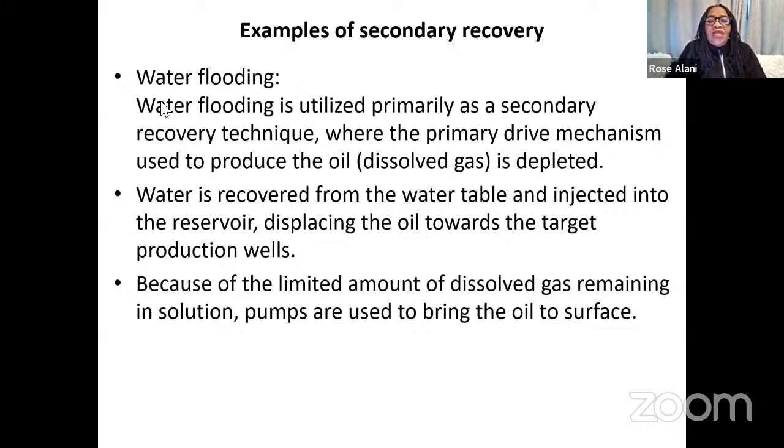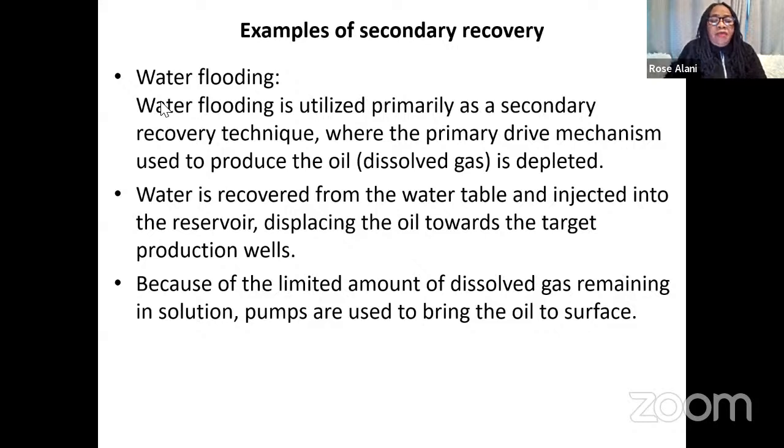So the water is recovered from the water table, where you have water below the surface of the earth at a particular level. You inject that into the reservoir, and then this will displace the oil. So the water will be down and the oil will be floating on top of the water.